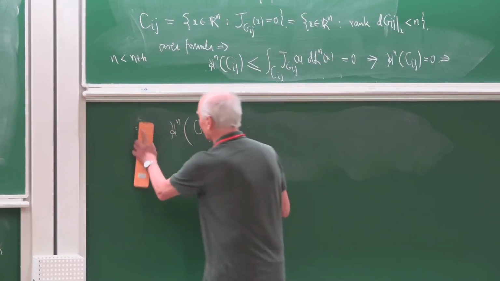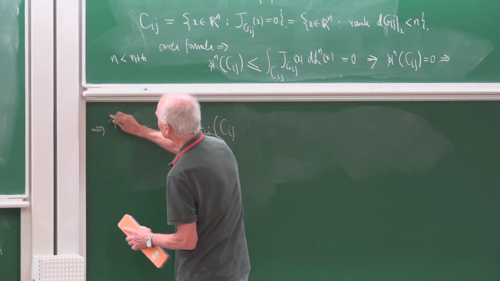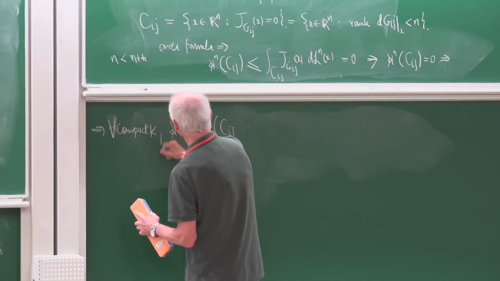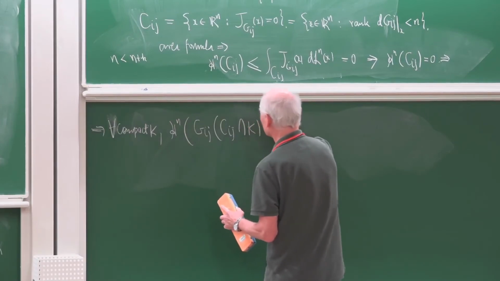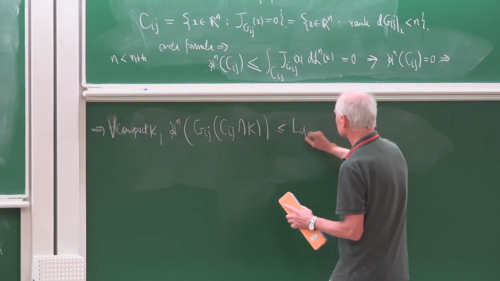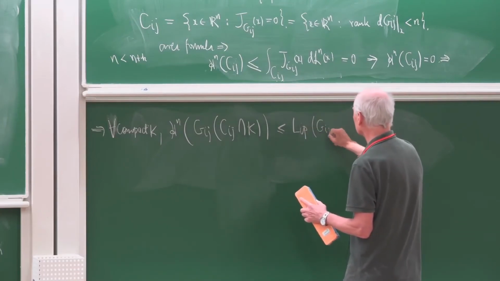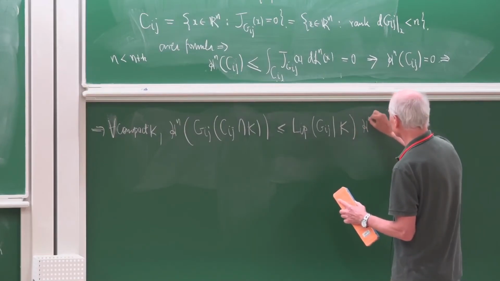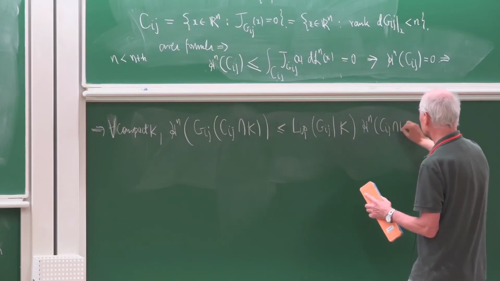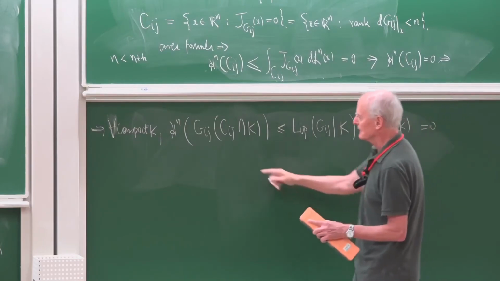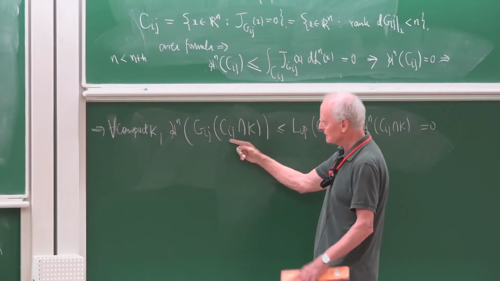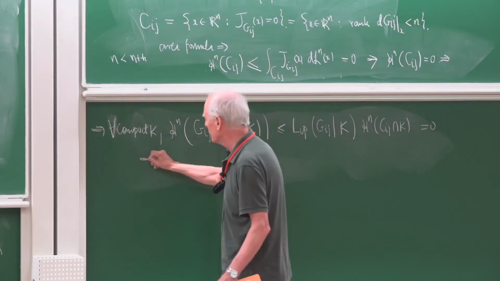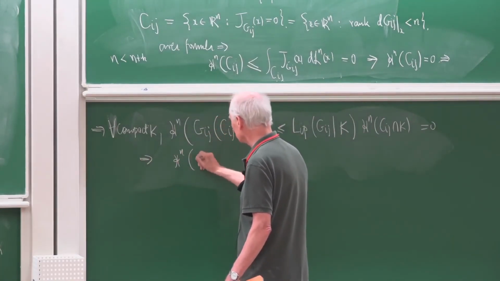For every compact K, Hn(Gij(Cij ∩ K)) is less than or equal to the Lipschitz constant of Gij restricted to K times the n-dimensional measure of Cij ∩ K, which of course is 0. So for every compact K, you get that the image is 0, and of course K can be arbitrary, it can be an increasing sequence of balls, so that tells us that actually the n-dimensional measure of the actual image is 0.